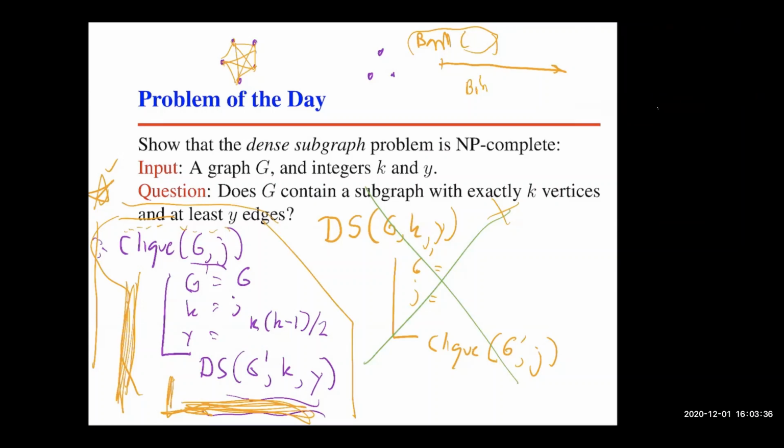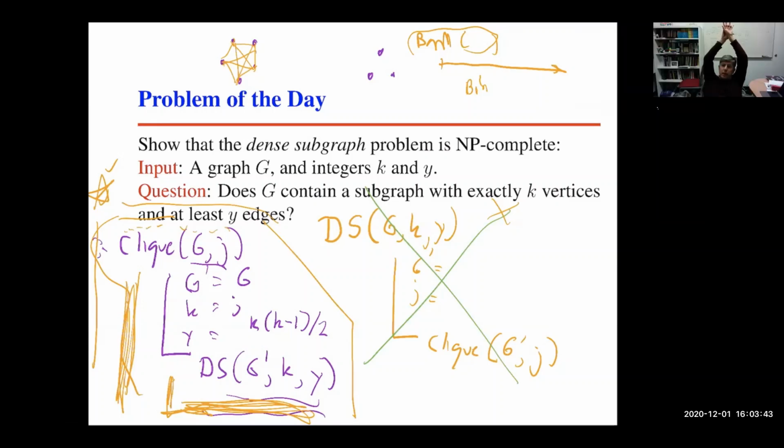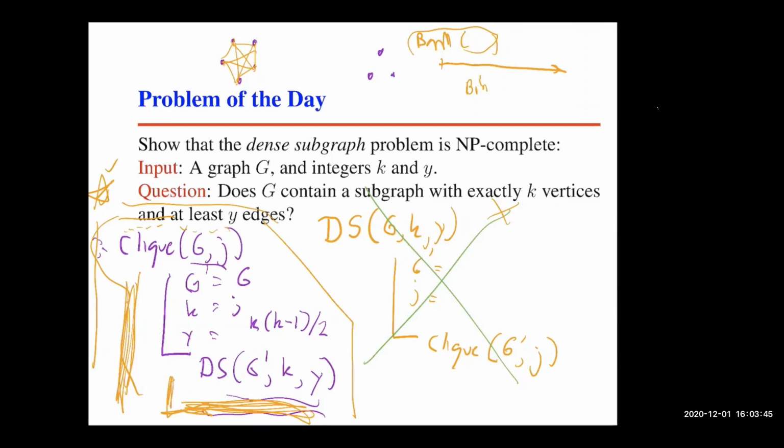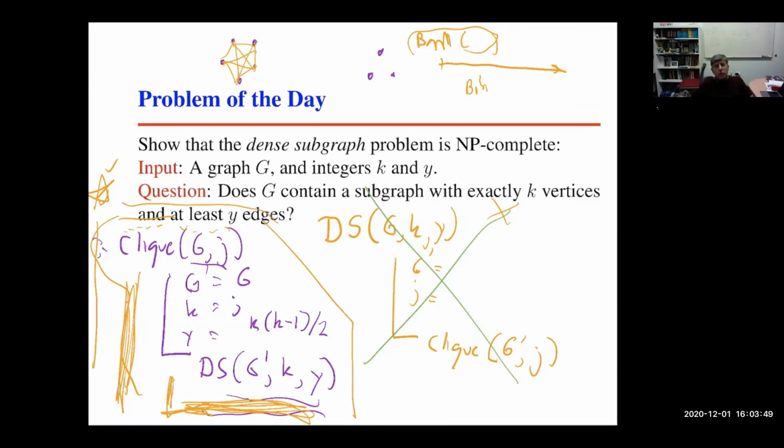Any questions? Is Clique just like a version of densest subgraph? Clique is just a version of densest subgraph. It's not asking, find me a kind of dense subgraph. Remember, you can use the densest subgraph routine to say, find me a kind of dense subgraph, or find me a maximally dense subgraph, right?